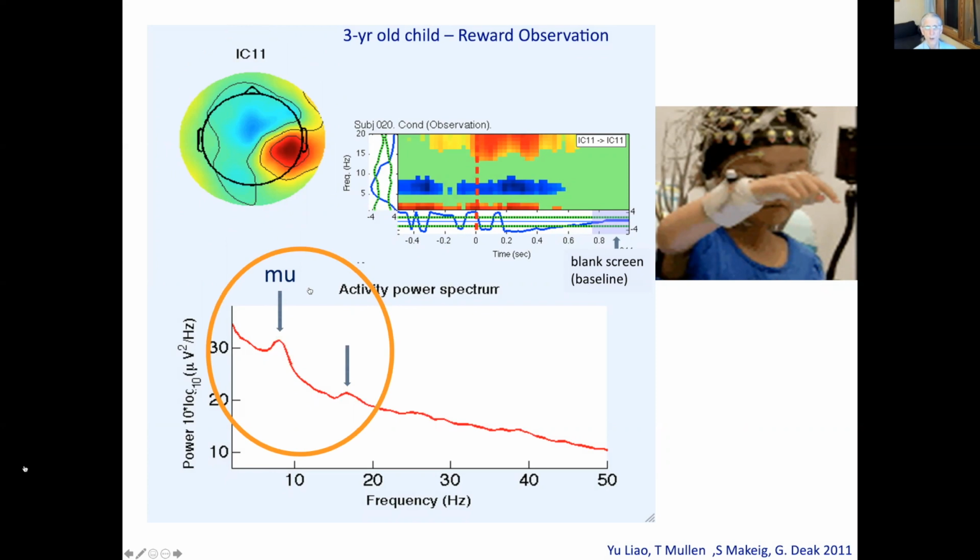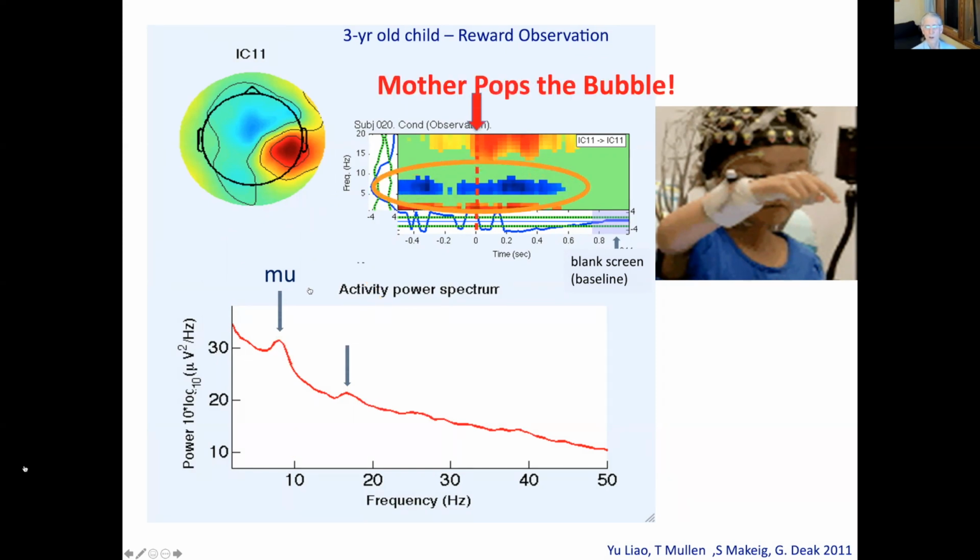And here we show that not only is the mu rhythm blocked, as in adults, when the subject moves, but in the child, the mu rhythm was blocked, that blue line there, when he or she watched the mother reach and pop the bubble.